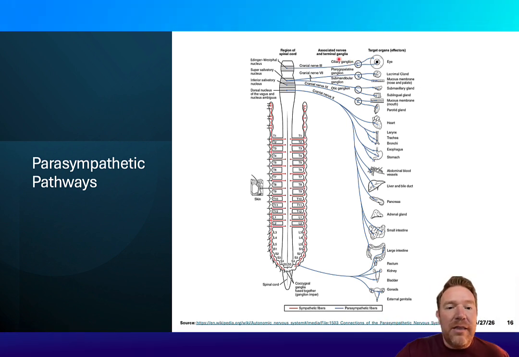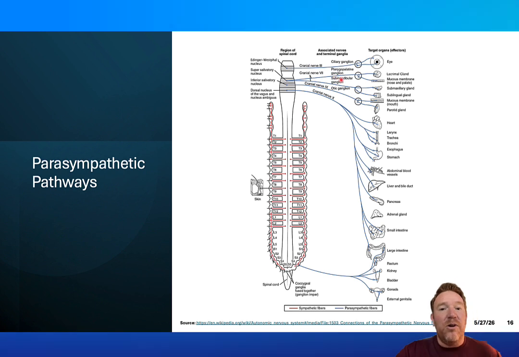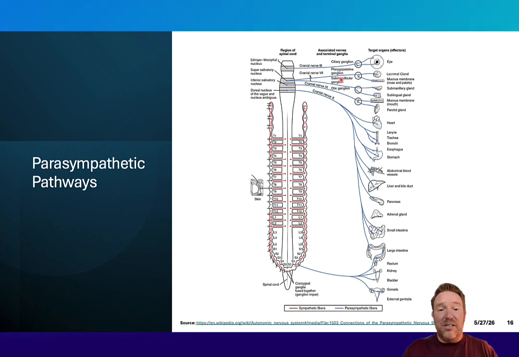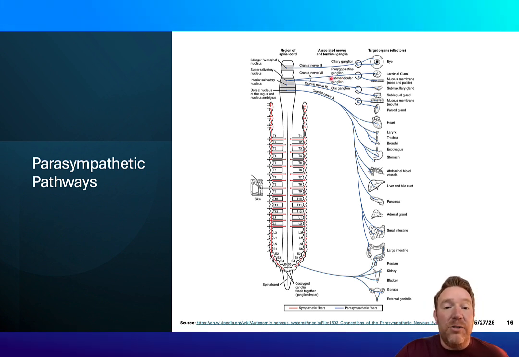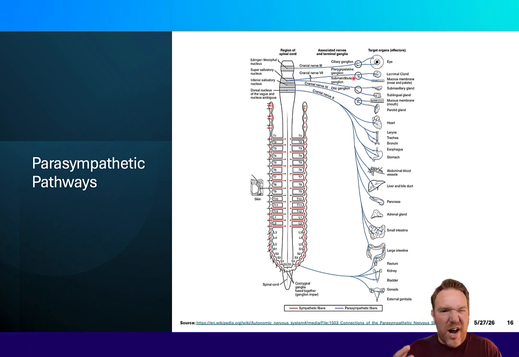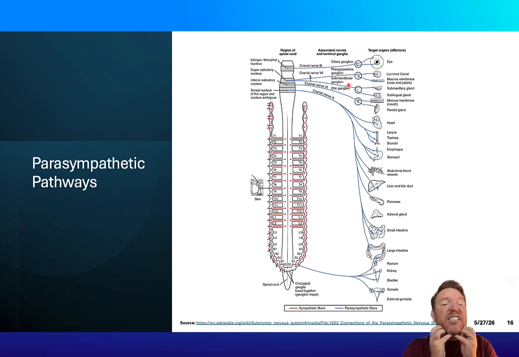Then 7 is going to do work at a couple of different glands. It's going to go to the P and the S of COPS, the pterygopalatine ganglion, and that's going to help out with lacrimation, crying, as well as some mucous membranes. And then it's also going to go to the submandibular ganglion to help out with our sublingual and submandibular salivary glands down here.